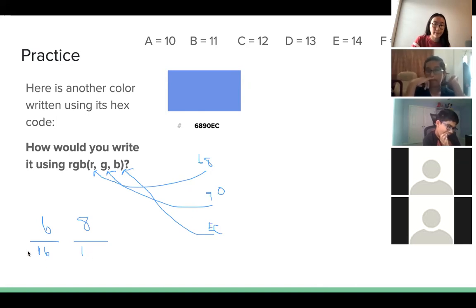Okay, maybe this place value thing helps. So 68 is our hexadecimal number. Our first place value is 1, the second place value is 16, and we need to convert that into decimal.